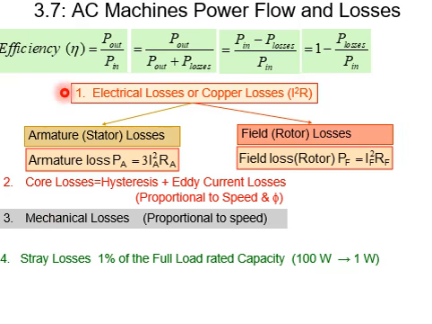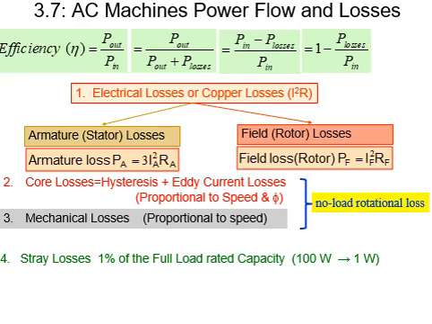So these are a few losses: there would be some copper losses, two types of copper losses, armature losses and field losses. So these are basically four types of losses which we discussed. As we input some power, there would be losses and the whole power would not reach the output.